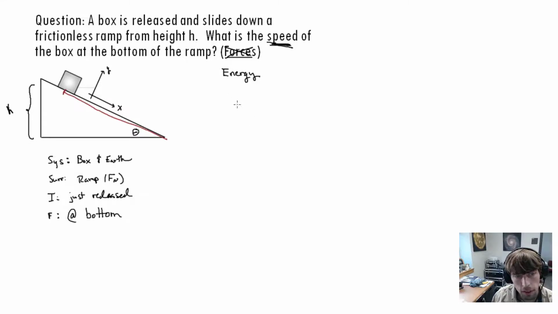If I say work is equal to the change in energy of my system, I should ask myself, I've got one object in the surroundings. It applies a normal force. What is the work done by the normal force on the box?